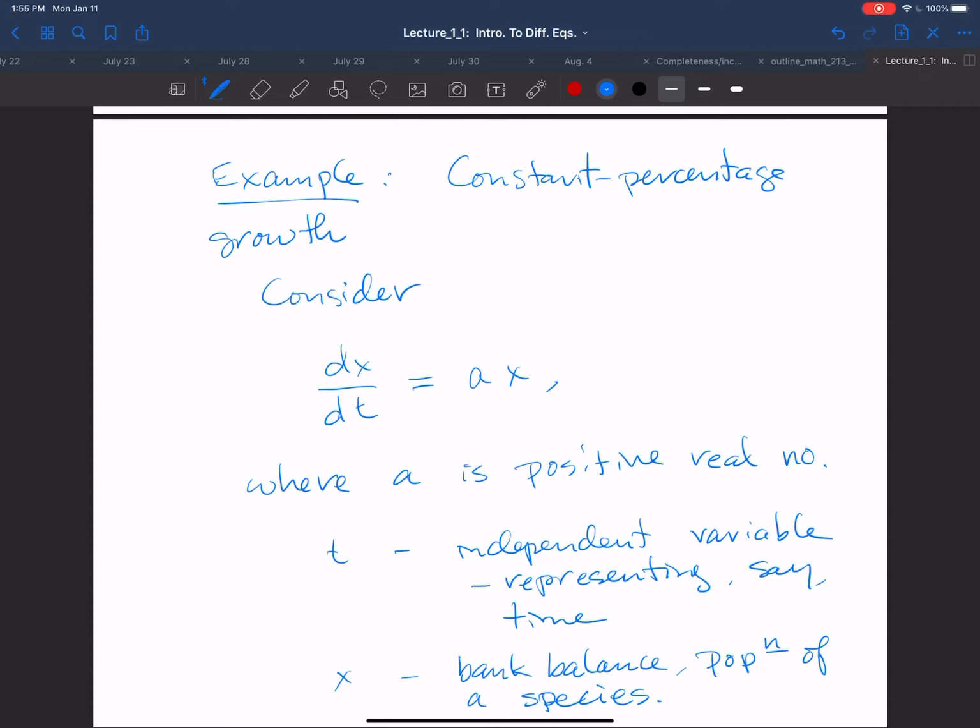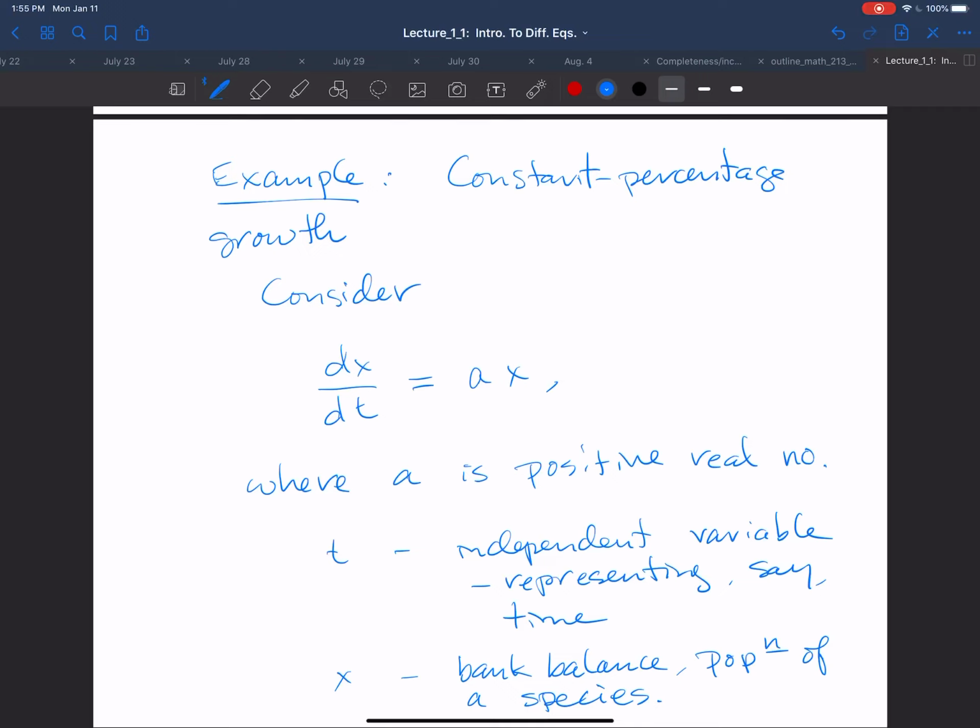So, what kinds of functions? If we want to solve this differential equation, that means we want to find the value of x as a function of time in such a way that this equation is satisfied. So how might we go about doing that? Well, in this case, it's relatively simple.